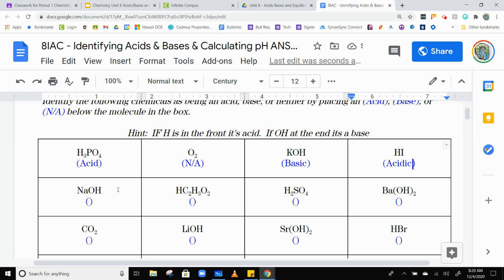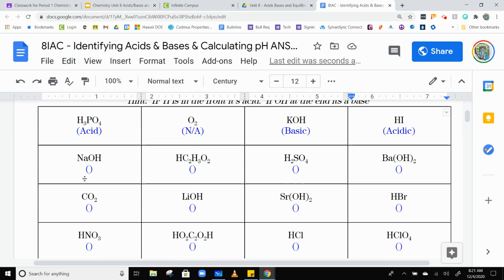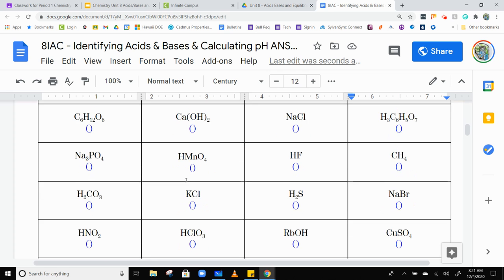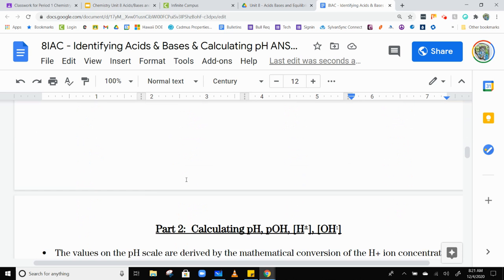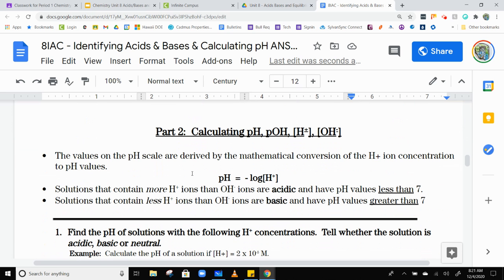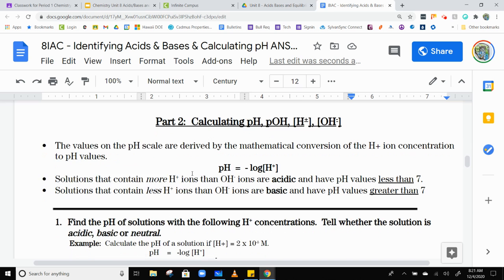If you see something with H in the front, acidic. OH at the end, basic. If it doesn't have either, it's neither. Pretty simple, right? Okay, once you get that down, you're going to be doing calculations with pH, pOH, and OH minus.